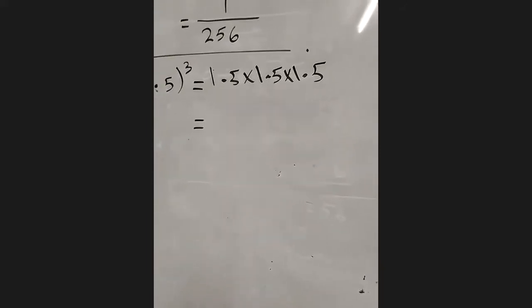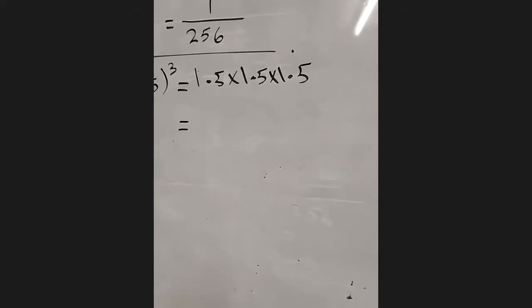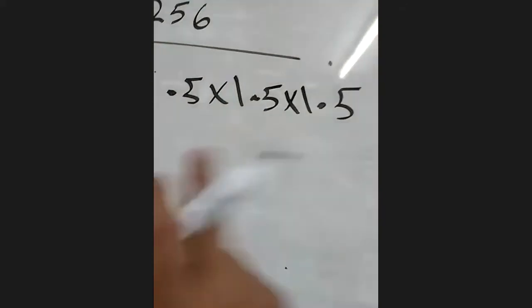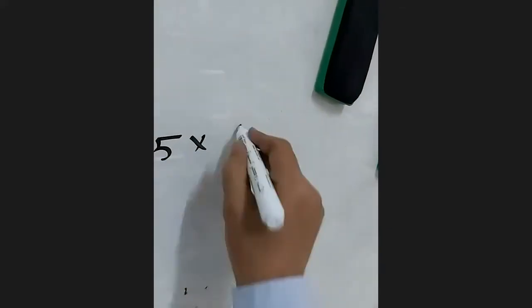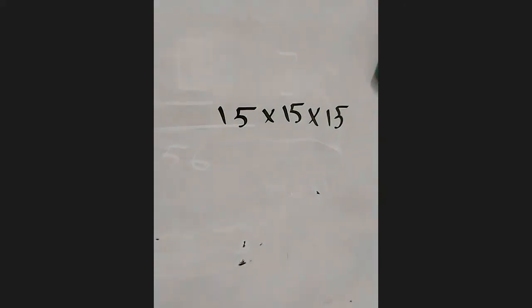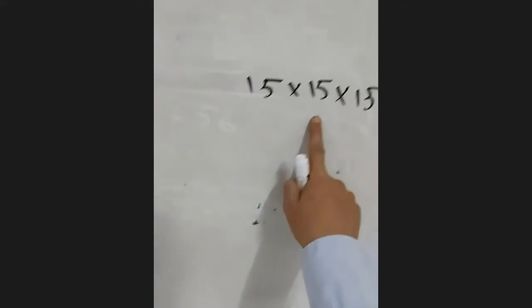So first, guys, look here, please. This is 1 point, 1 point. First, we multiply 15 by 15 by 15 without decimals. Now let's multiply, Muhammad: 15 by 15.